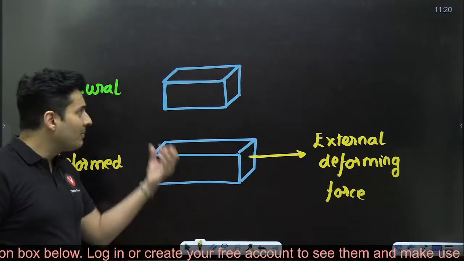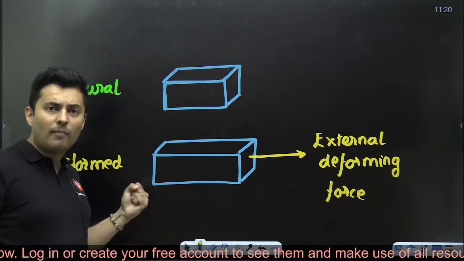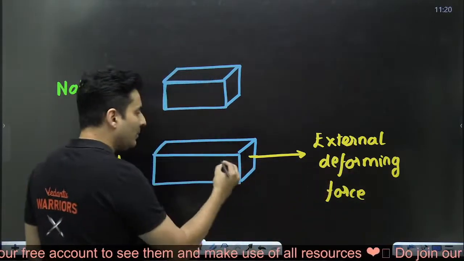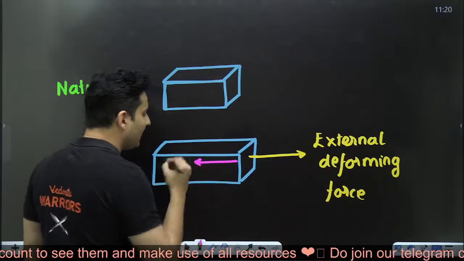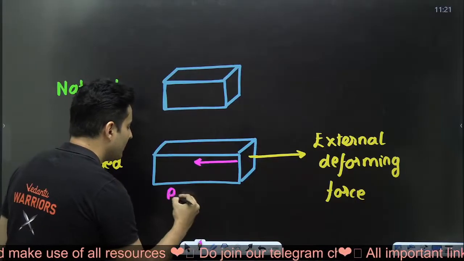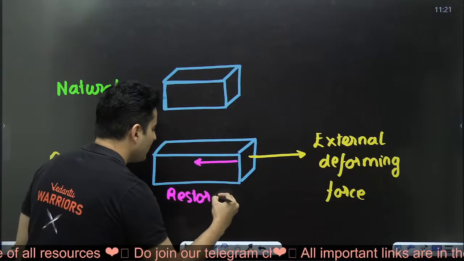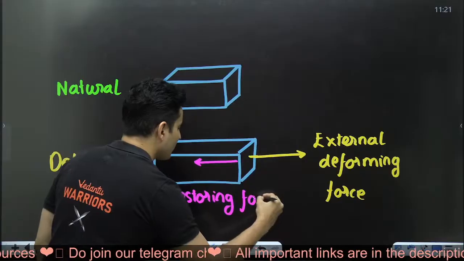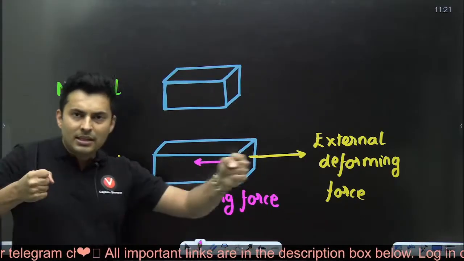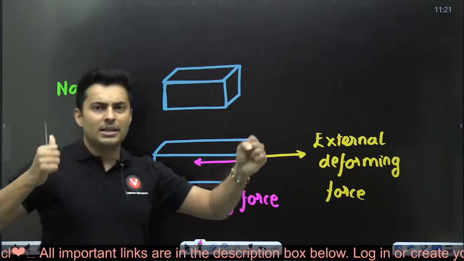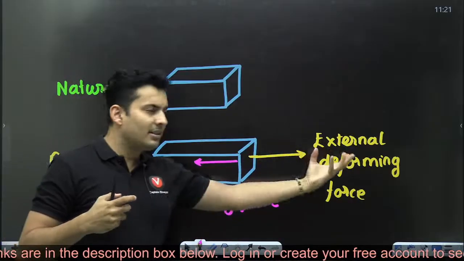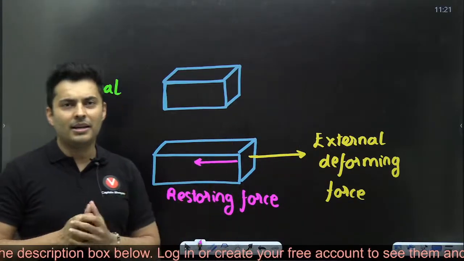But at the same time, because the molecules of this solid want to come back to their original shape and size, the spring-like forces will try to bring it back to its original shape and size. So there is a simultaneous restoring force. And when the body is neither extending nor contracting, it's maintaining its new shape and size, both will be equal in amount.